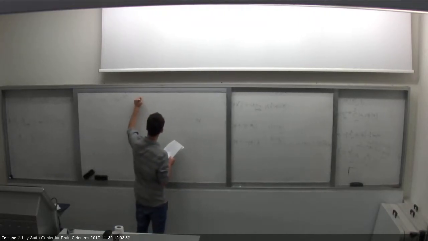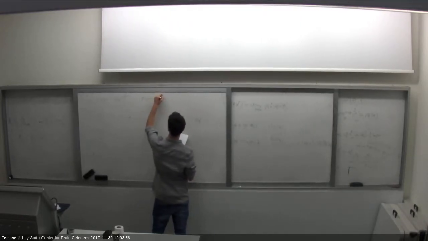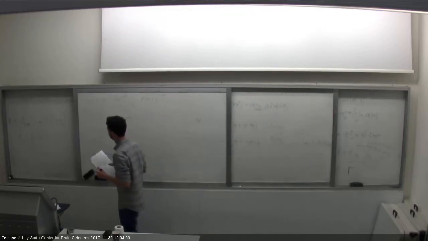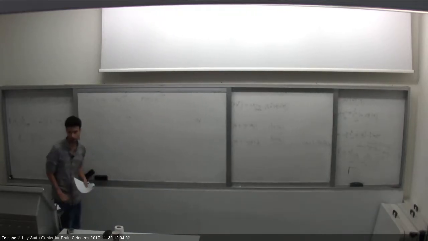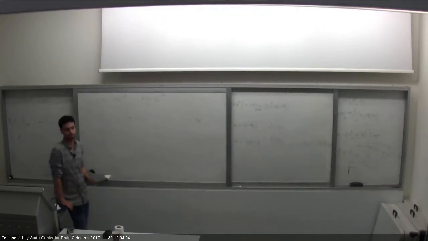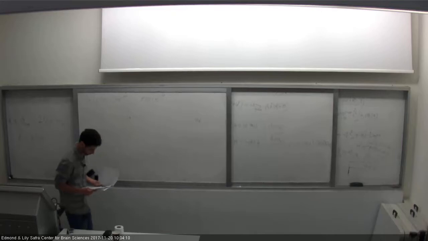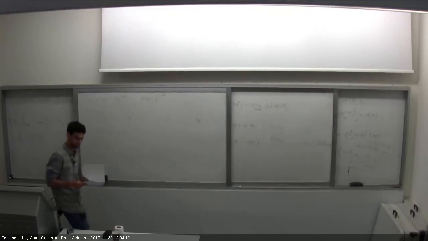And the prior is equal to e to the minus theta. As before, we want to find the maximum posterior and maximum likelihood.